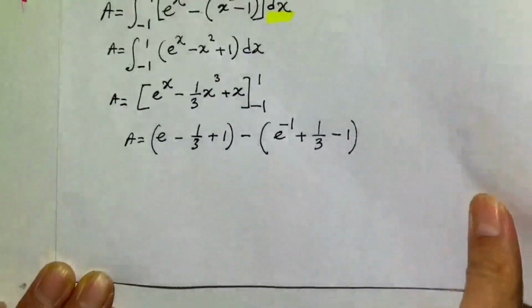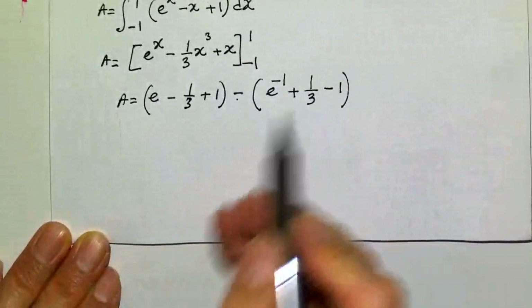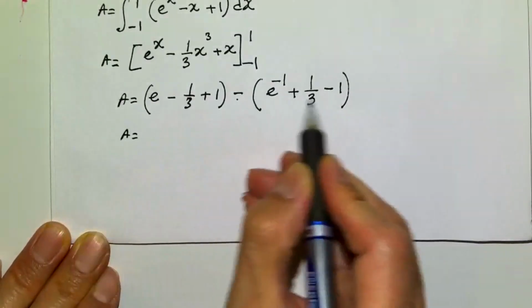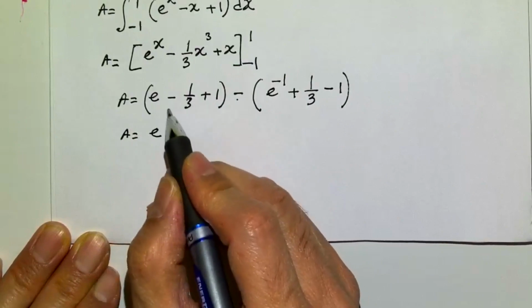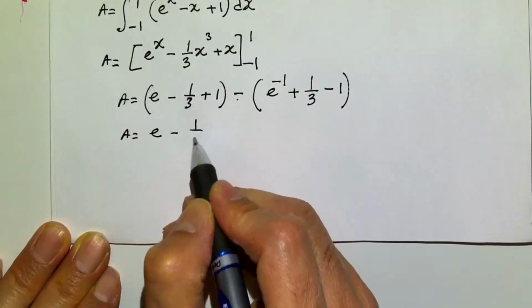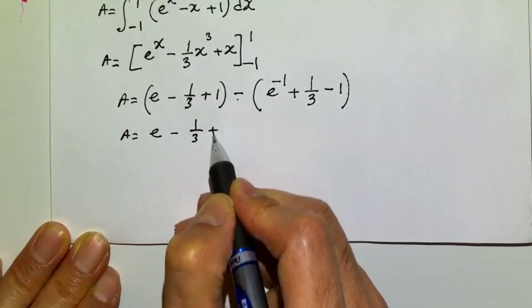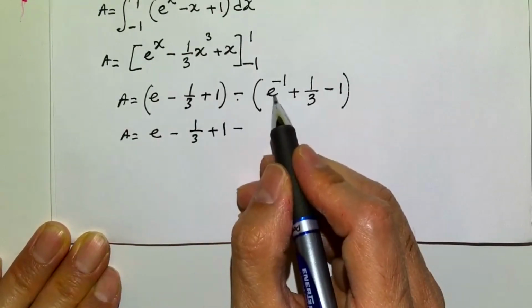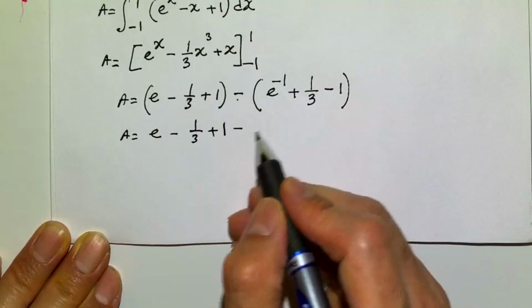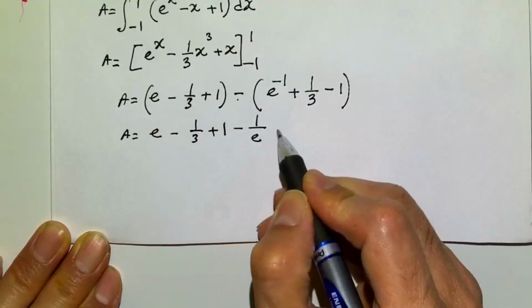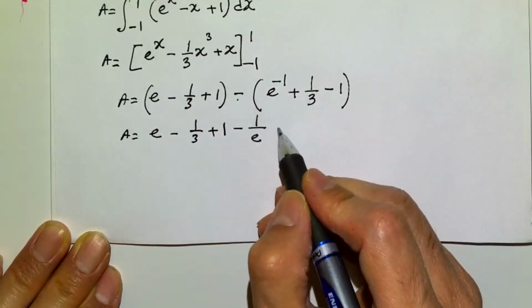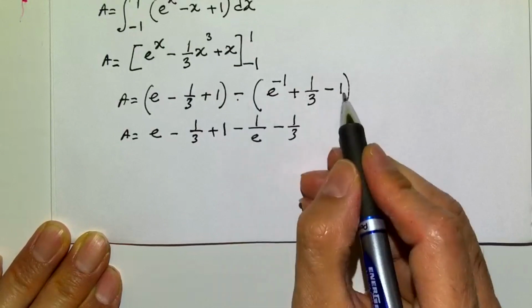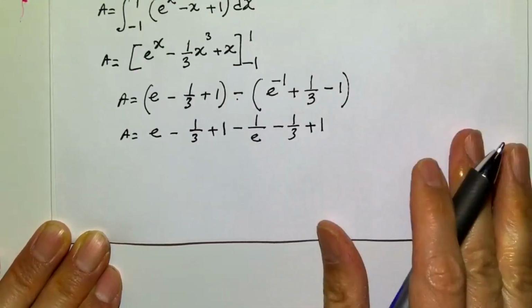Okay, so if we distribute this minus into these terms, what do we get? We get e, this one stays the same, and then we end up with minus, let's rewrite this with positive power, 1 over e, minus times 1/3 minus 1/3, minus times minus 1 plus 1.